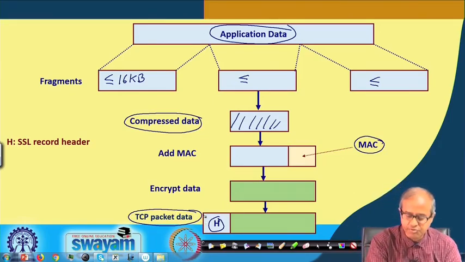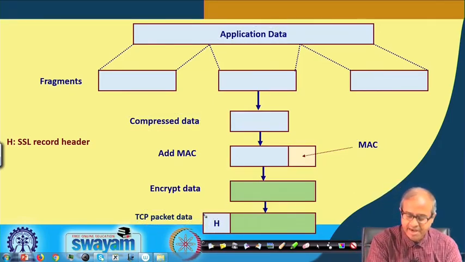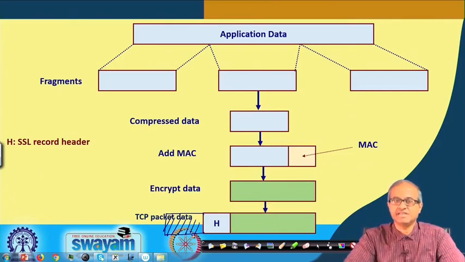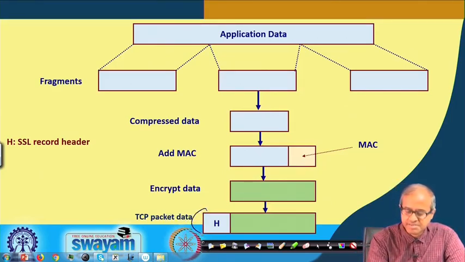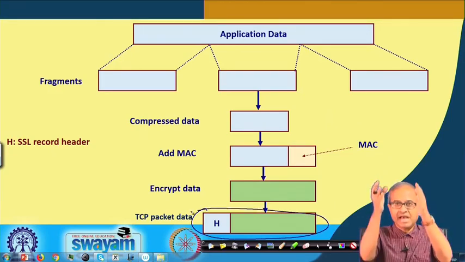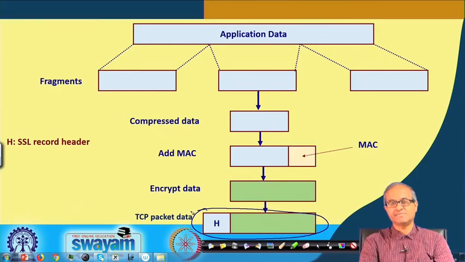So, what will TCP do? TCP will add a TCP header before it can send it. So, this whole thing comes to TCP as the basic data to be sent. This is how the SSL record protocol works.